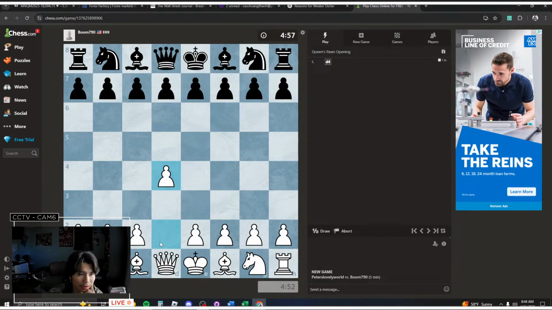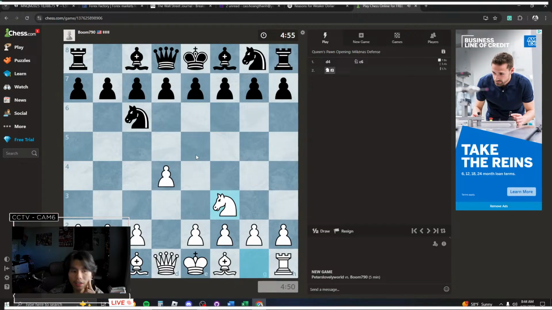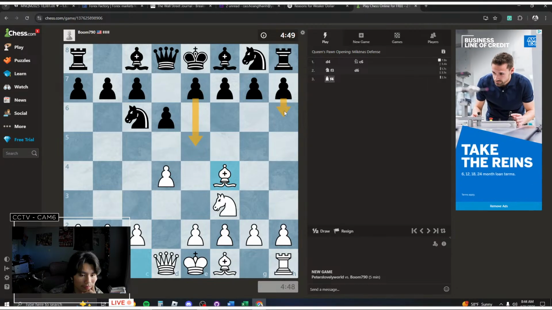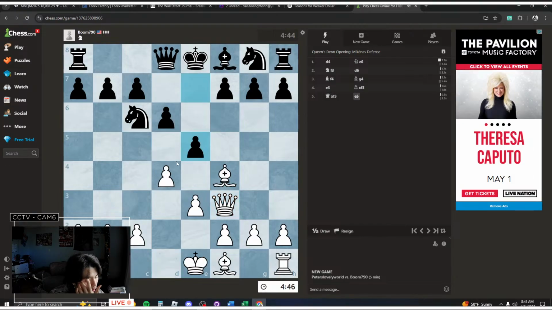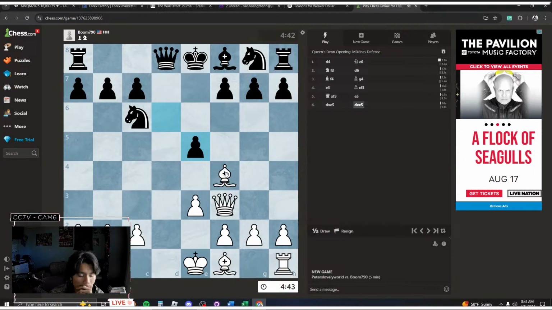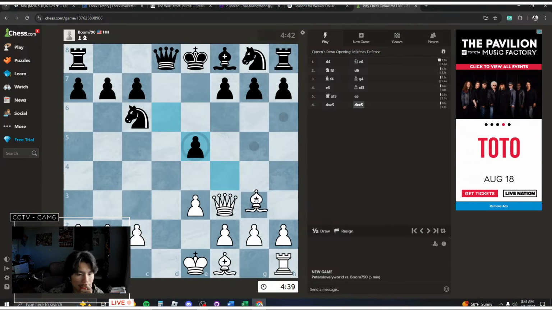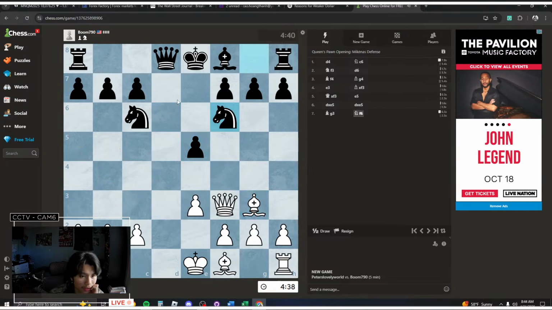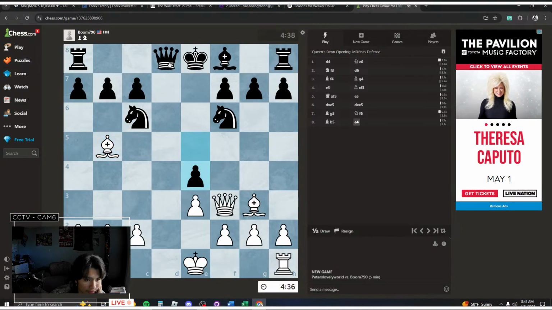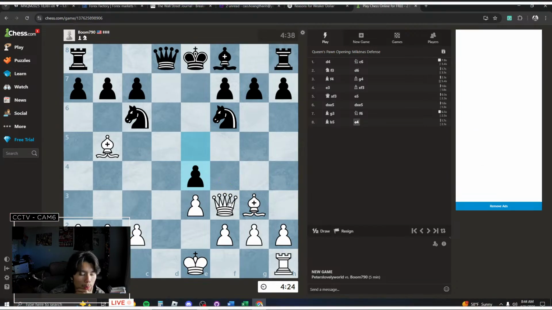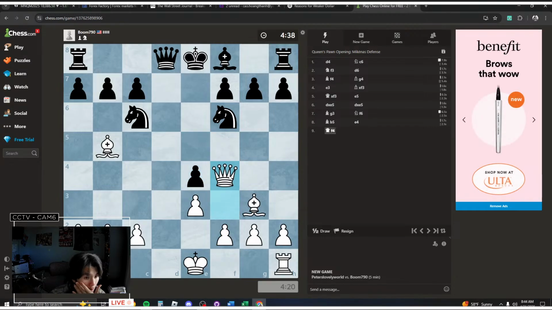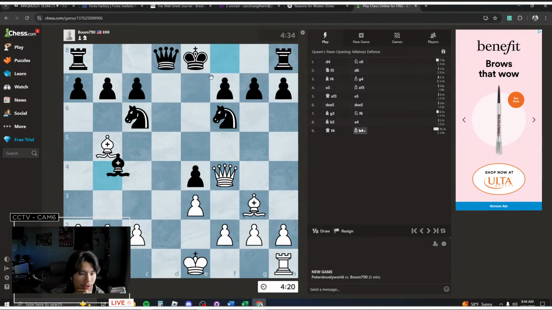With this move here, first to defend this pawn. Interesting. Go here. Go here.